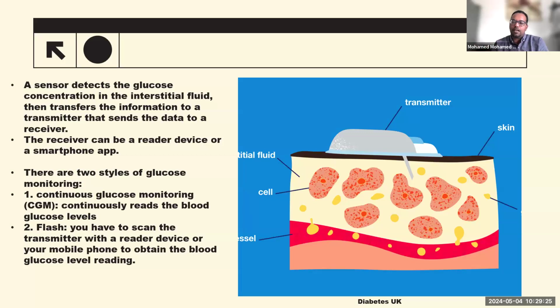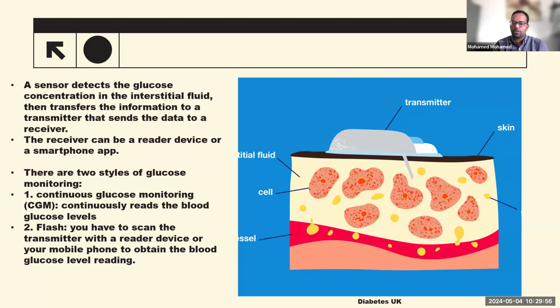So with an old-fashioned sensor, you will scan and it tells you, okay, 6.8. 30 minutes later, okay, it's 10. 30 minutes later, it's 12, and so on and so forth. So the three parts are sensor, transmitter, and receiver. A sensor detects the glucose concentration in the interstitial fluid, then transfers the information to a transmitter that sends the data to a receiver. And this can either be a reader device or a smartphone.